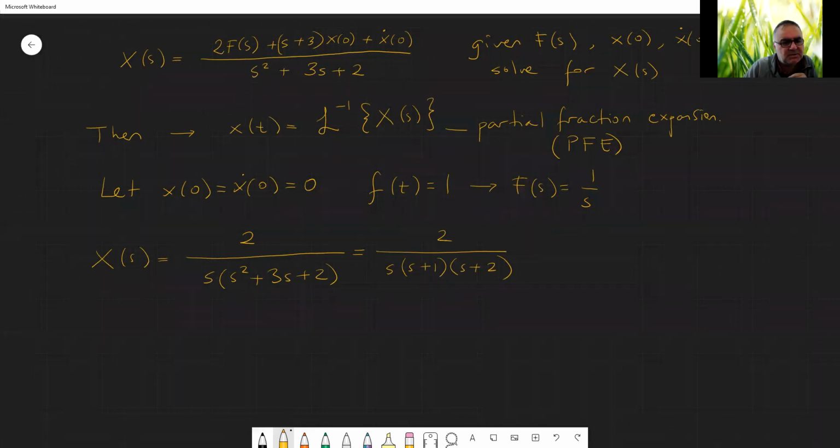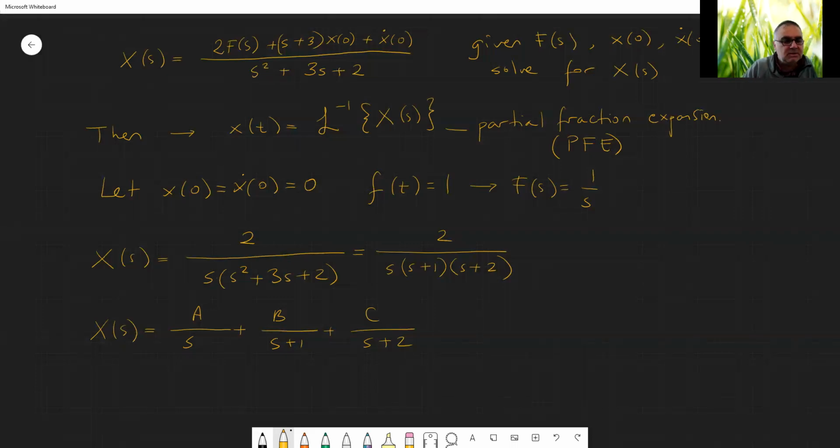We don't have such a function in the Laplace transform tables, so we need to do the partial fraction expansion: A over s plus B over s plus 1 plus C over s plus 2, so that I can find these out.